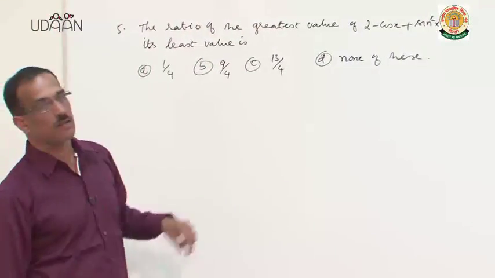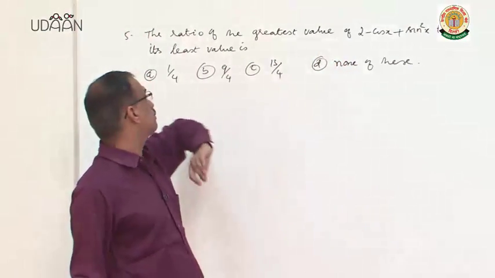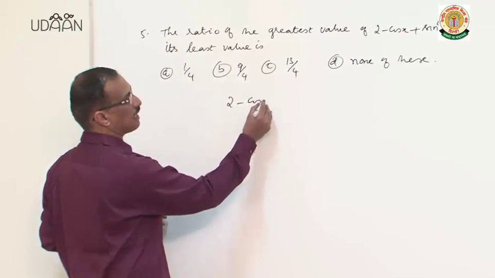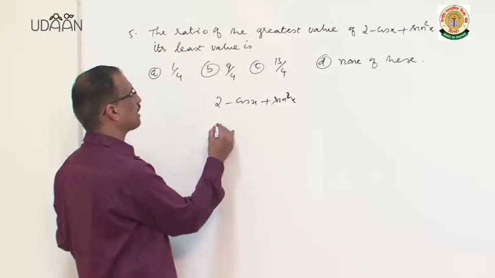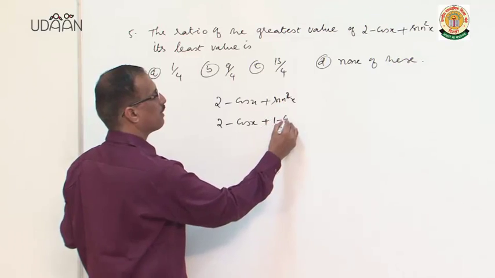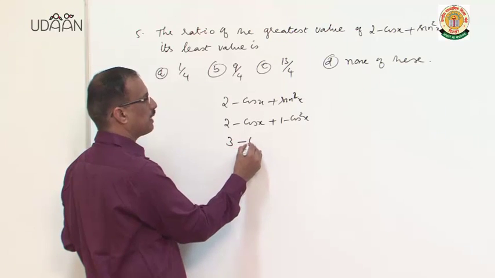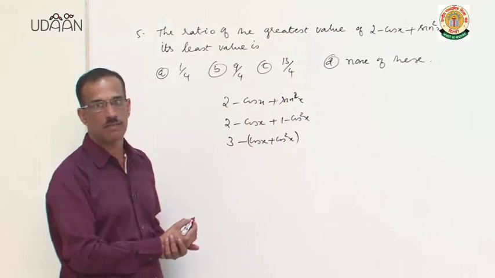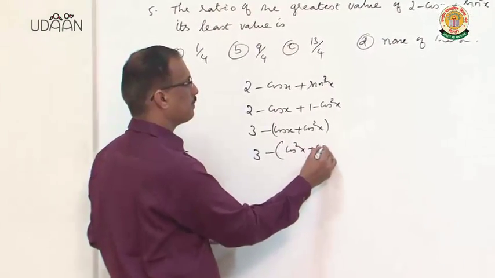Question 5 says, the ratio of the greatest value of 2 minus cos x plus sin square x to its least value is what? So, we are given 2 minus cos x plus sin square x. You know sin square x is 1 minus cos square x. So, 2 minus cos x plus 1 minus cos square x, or 3 minus cos x plus cos squared x, or 3 minus cos square x plus cos x.